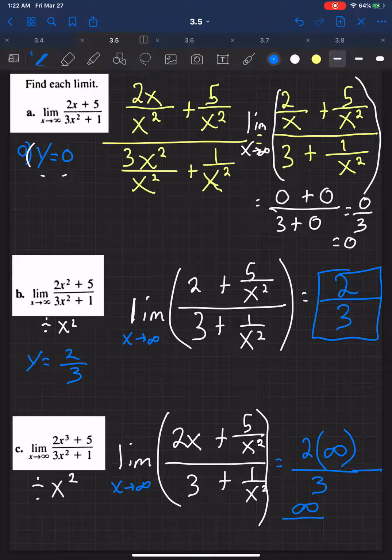Infinity over 3. What does that mean? What does that actually mean? That means you have an infinite rise for 3 feet of run, right? So that's when we say that there is no horizontal asymptote. If you got an infinite amount of rise for a finite amount of run, you don't have a horizontal asymptote.